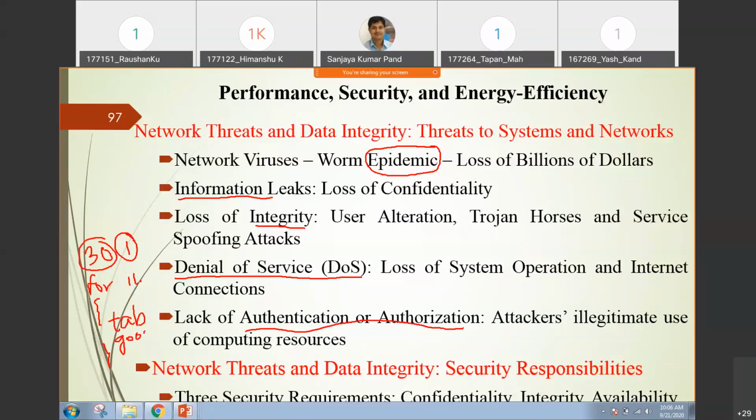Within a fraction of a second, this loop will iterate for 1 lakh times. So 1 lakh tabs will be open, and each and every tab is accessing google.com, so that the services provided by google.com become slower.